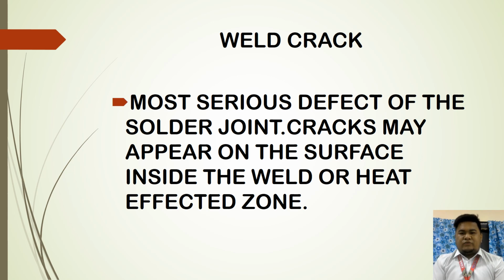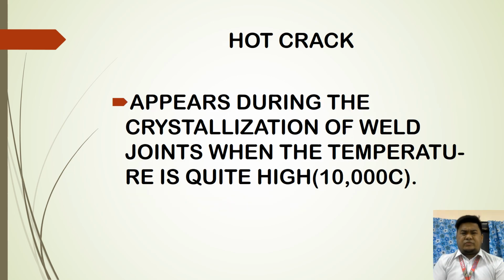If we say weld crack, it is the most serious defect of the solder joint. Cracks may appear on the surface, inside the weld, or in the heat affected zone. We have two types of weld crack.